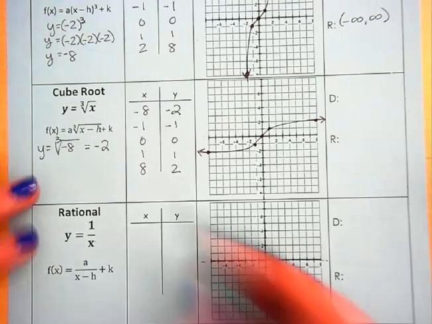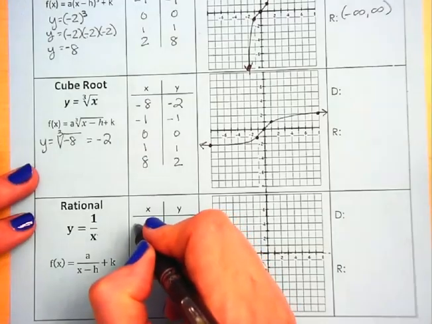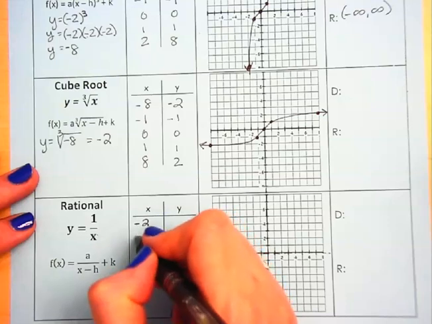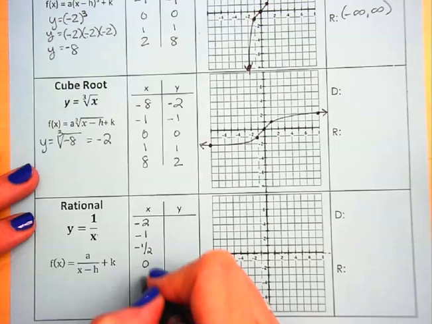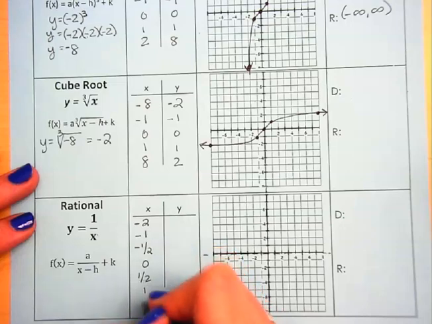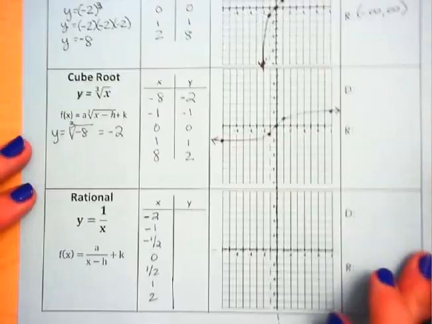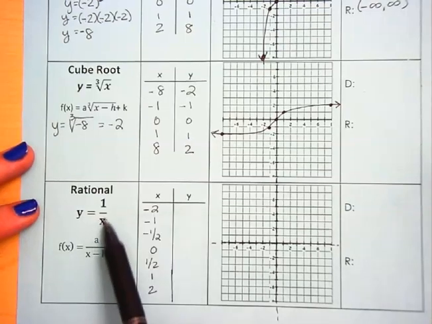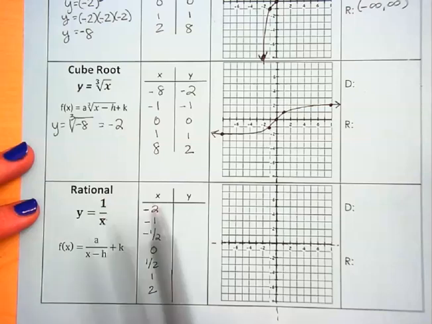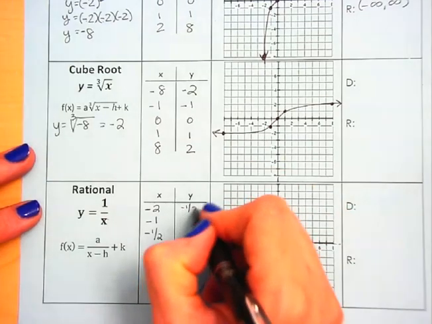So here are the values I want you to use for rational: -2, -1, -1/2, 0, +1/2, +1, and +2. Now when you go to put -2 in for this x right here, you'll have 1 over -2, which is -1/2.